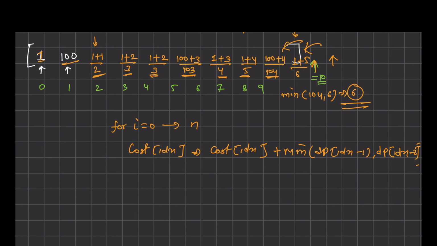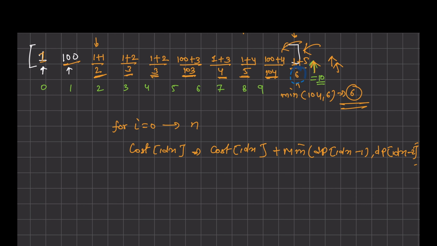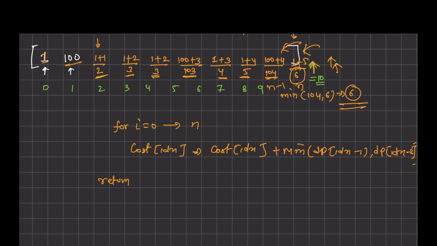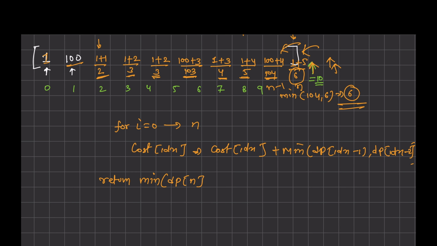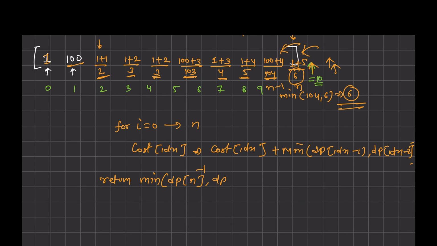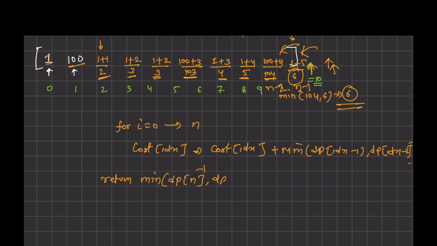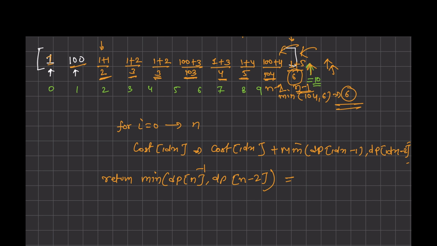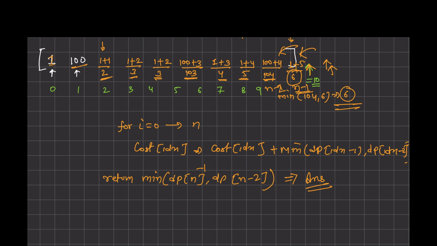Now for the end, what is our answer? The minimum of dp of n minus 1 or dp of n minus 2, because these are the last two indexes. So this is our final answer, and this is the bottom up approach.